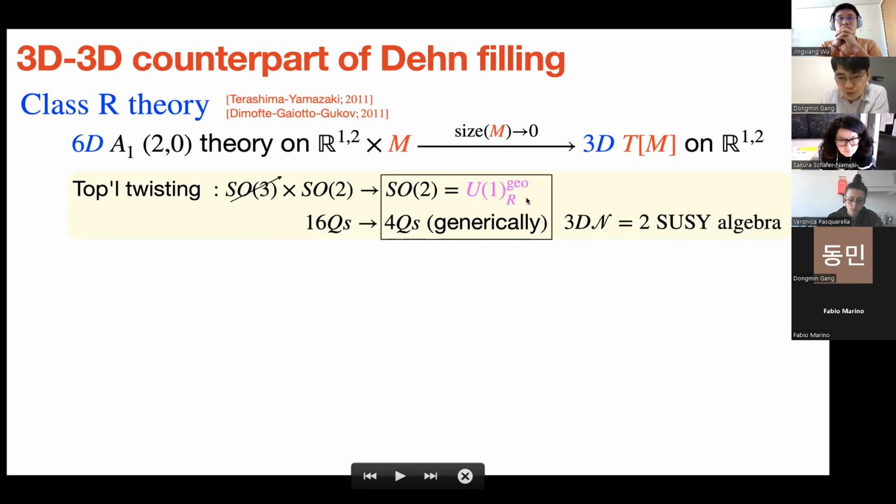I will call this U(1) R-symmetry originating from the 6D R-symmetry the U(1) R-geometry. There could be another R-symmetry by mixing with some U(1) flavor symmetry in the field theory, but there is this special U(1) R-symmetry choice, which I will call the U(1) R-geometry.